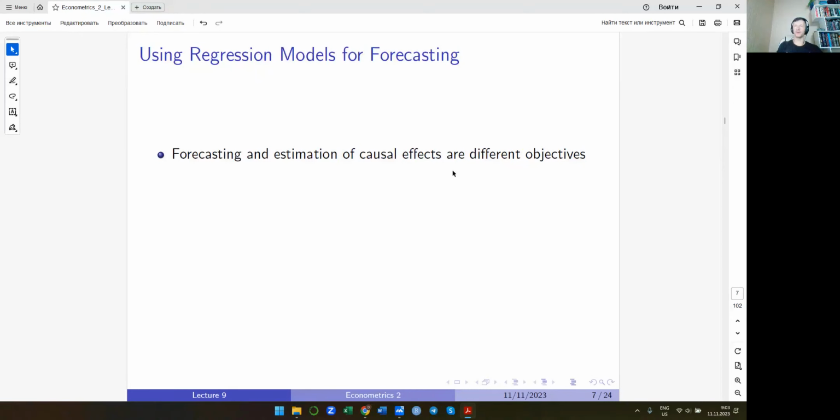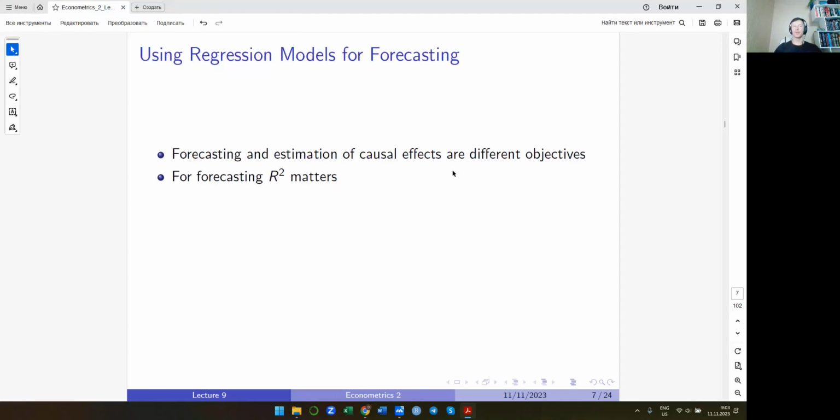Before, we were concerned with causal effects: if I do this, what is going to be the effect of this? And we were trying to estimate and quantify this effect as precisely as possible. We were concerned with omitted variable bias, with the proper design of experiments, with the proper understanding of observational data, and so on. All of this was relevant.